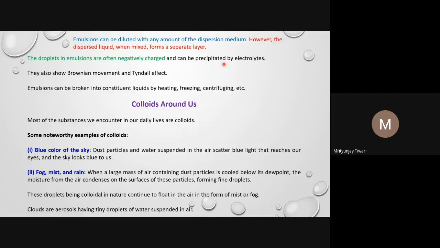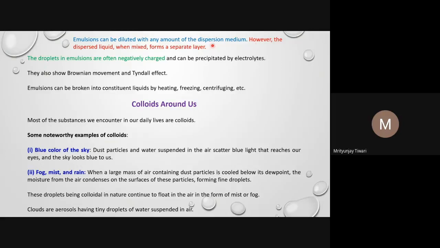If you add ghee or oil to milk, you will see it comes on the surface and forms a separate layer. But if you add dispersion medium, it will mix completely with the emulsion.